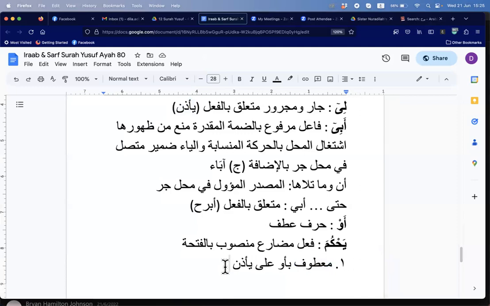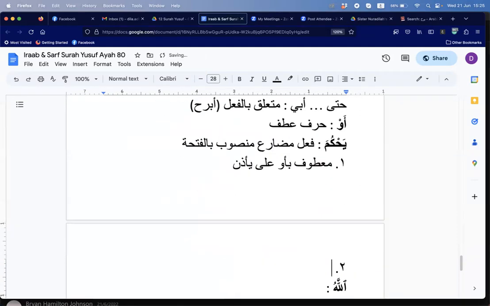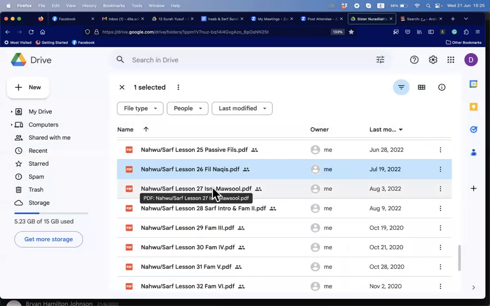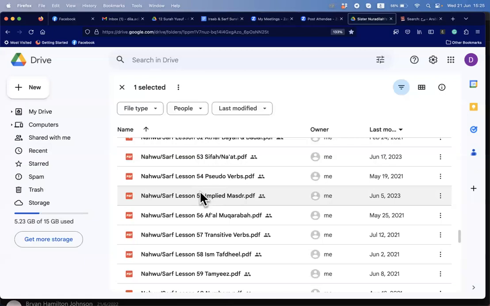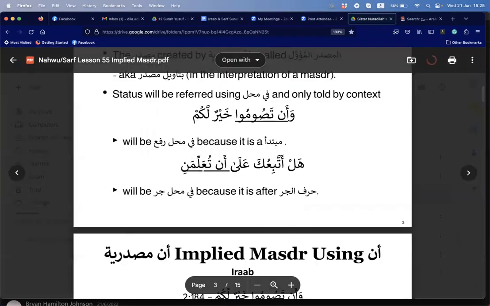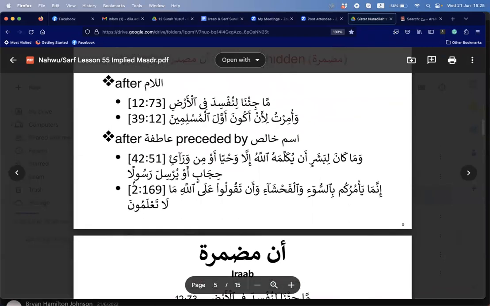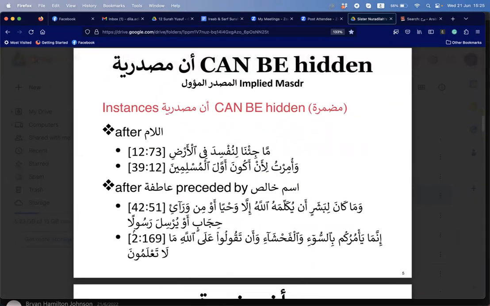But there is another way to see this. What do you think it is? It has something to do with an mudmarah also, but what ruling? We talked about it that day. It is definitely not after lam. Don't have lam anywhere.